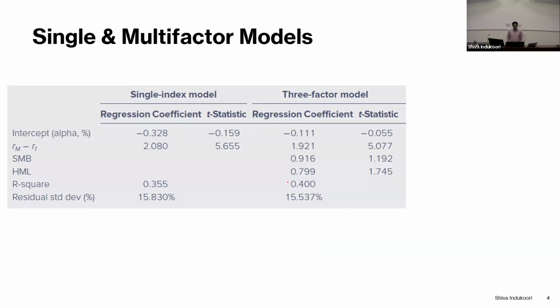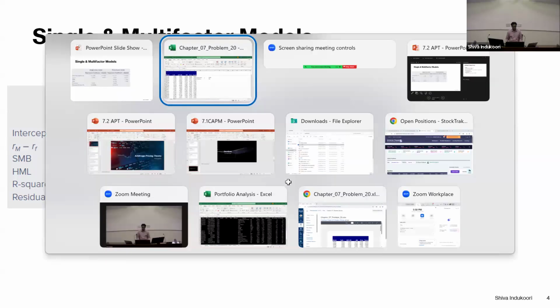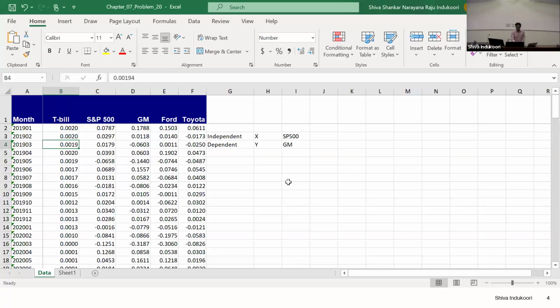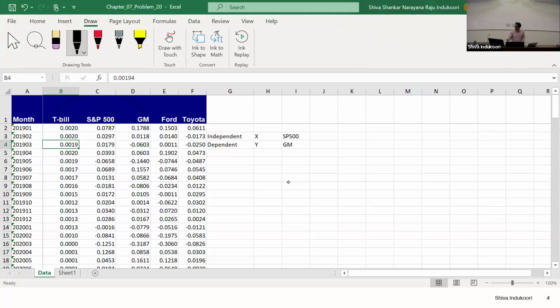Then there is a comparison of using single index model and three factor model. We have seen single index model, which is running regression of the difference between stock and the risk-free. The difference between the stock and the risk-free.